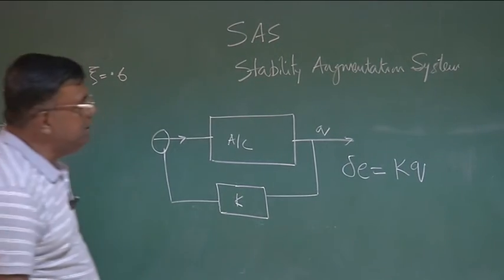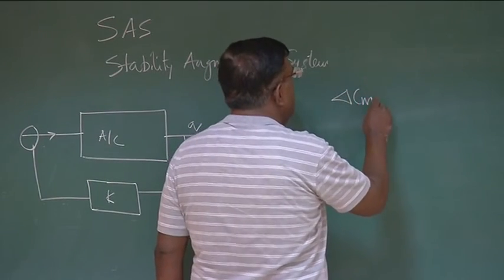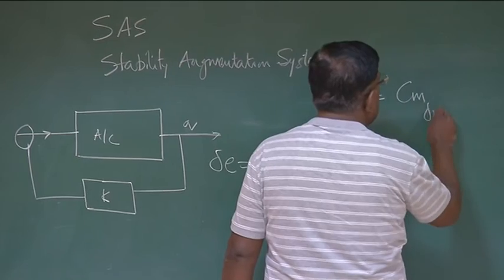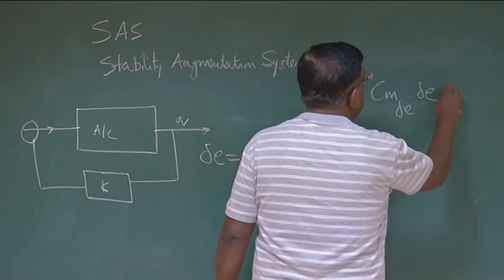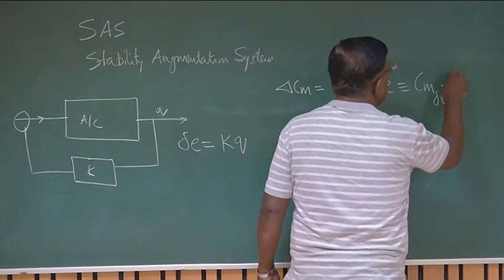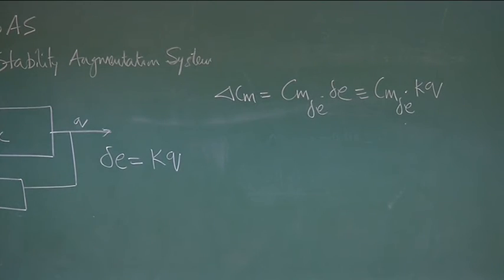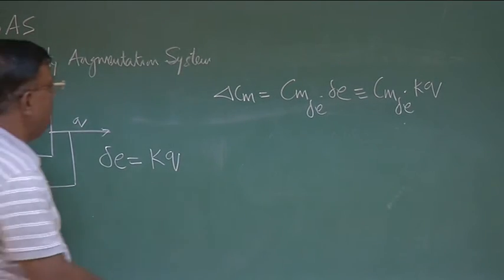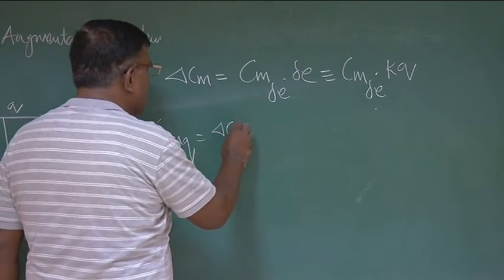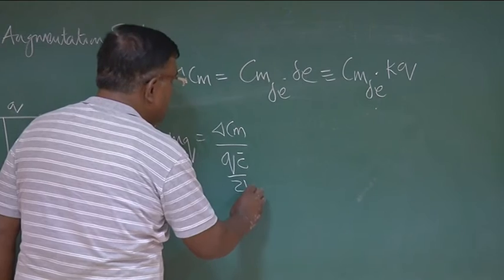Then what will happen? As I deflect the elevator, what is delta Cm? Because of elevator deflection, I get Cm delta E into delta E, which will be equal to Cm delta E into KQ. And CMQ is defined as delta Cm by Q C bar by 2V.